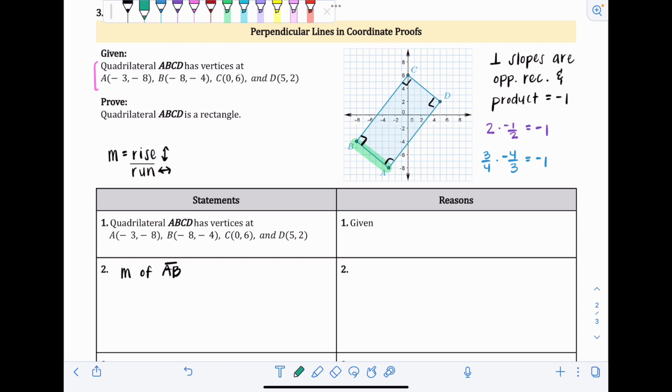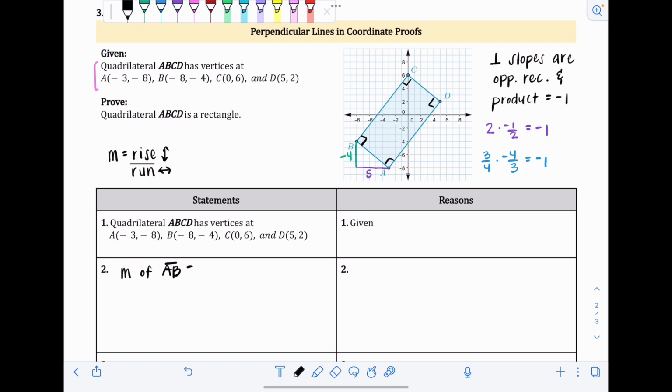Okay, so from B to A, the rise is I have to go down 1, 2, 3, 4. So that would be a -4 since I'm going down 4. And then the run, I'm going over 1, 2, 3, 4, 5.